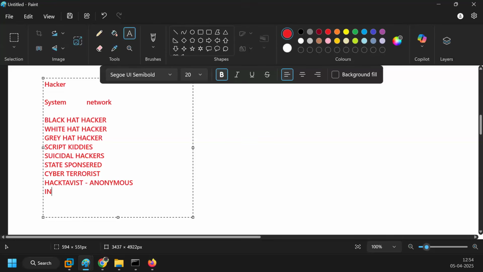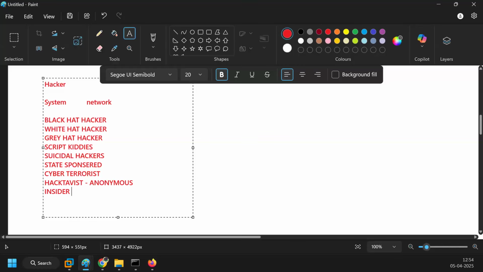Then after that, we have the insider. Now, guys, when we are talking about the insider, or the malicious insider, there is a particular term, the disgruntled employee. An employee who is not happy with the organization, with the manager, with the workload or the politics around them, then tends to become malicious, right?